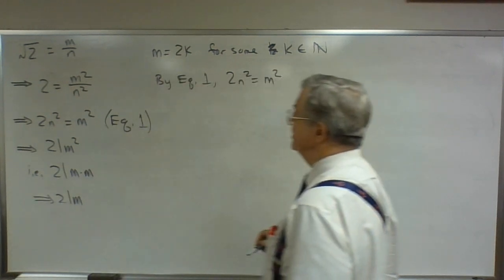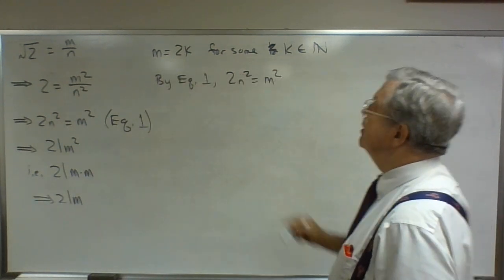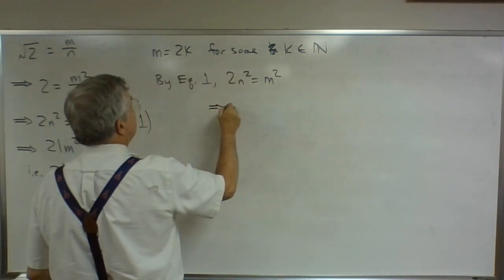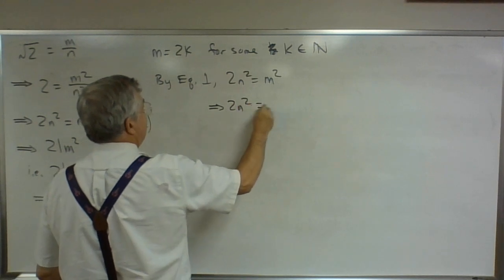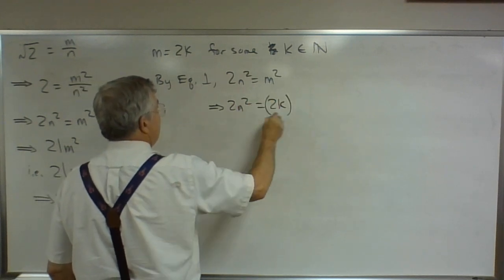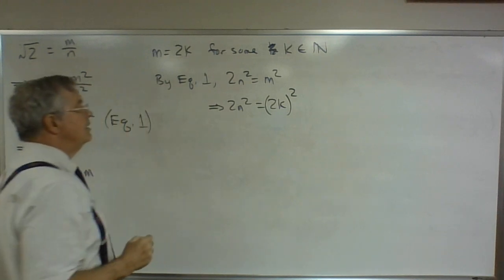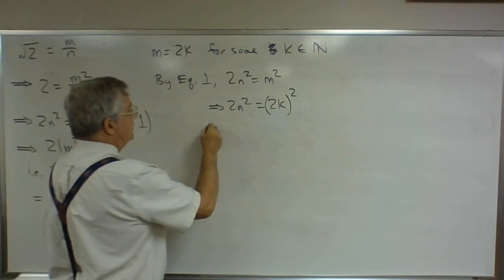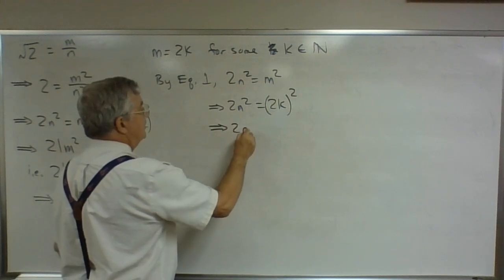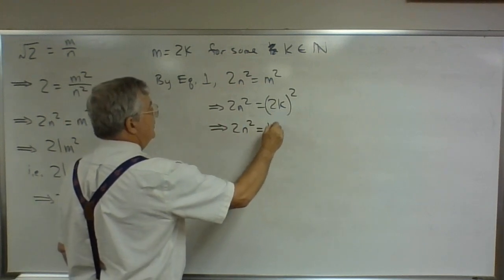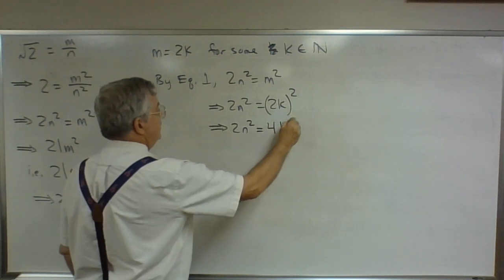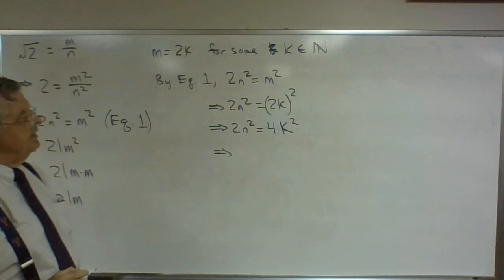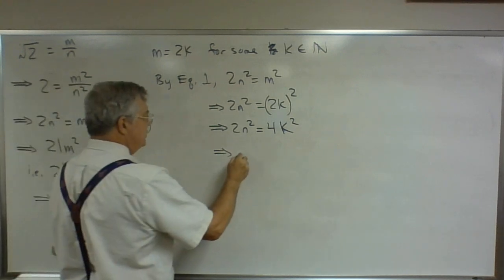Two n squared is equal to m squared, but m is 2k. I do believe I can divide both sides by 2 here.